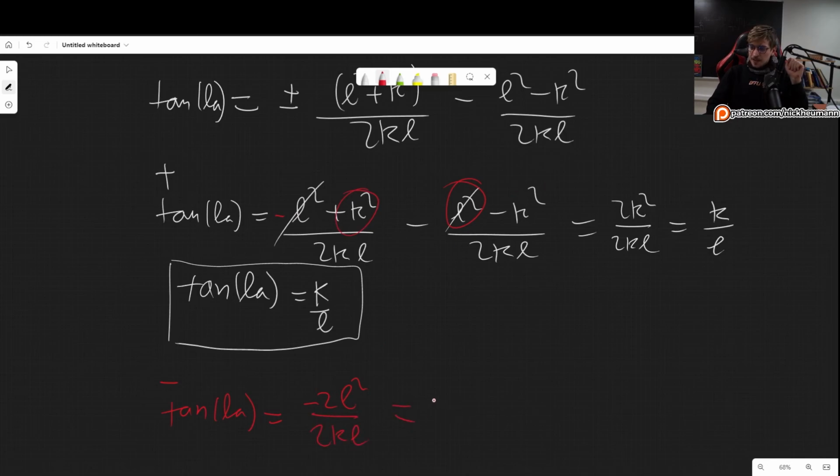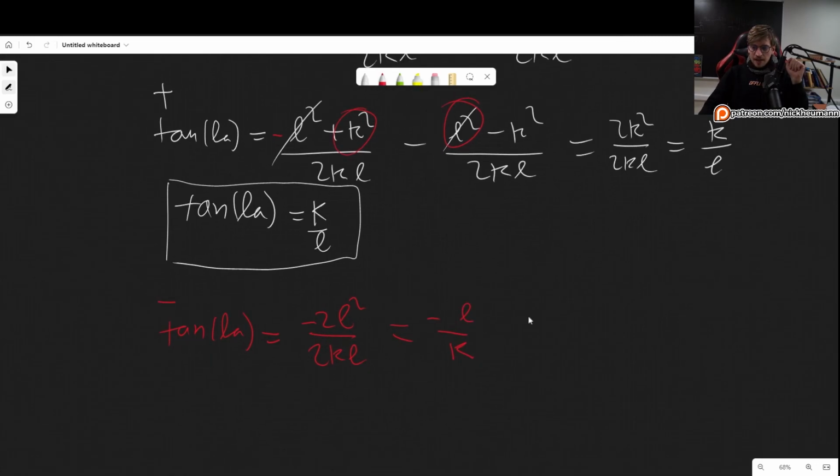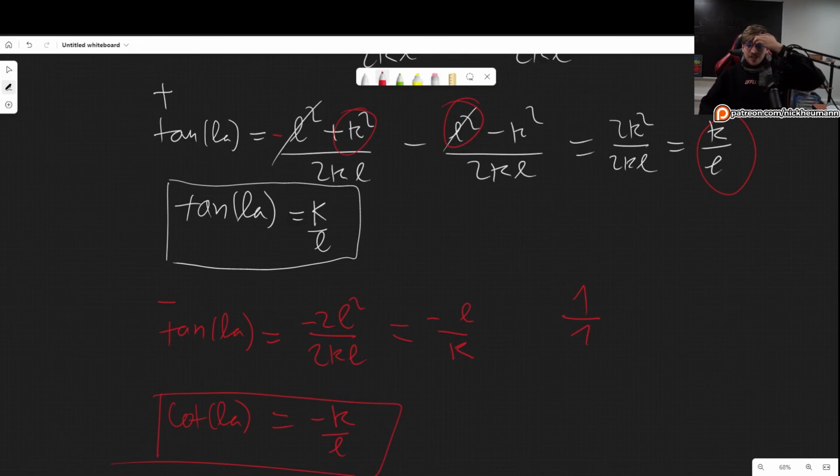And this is the same as minus L over K. And just to make sure that it's also in the form K over L, we can write it as cotangent of LA. So basically we divide by 1 over this equation, and there we get minus K over L. And this is the result that we got previously. And these are the conditions for the energies.